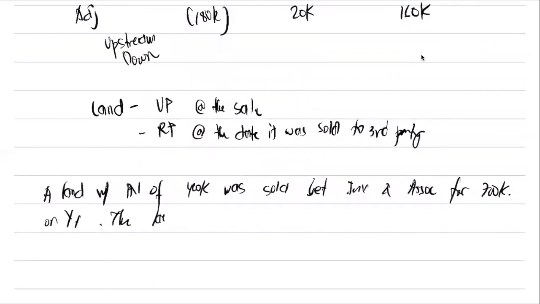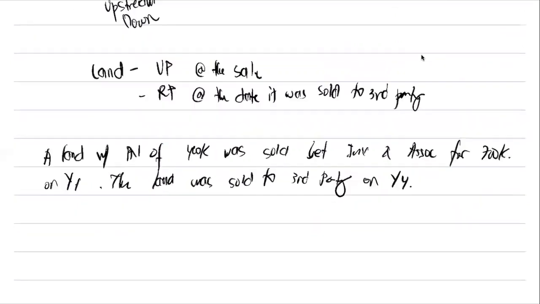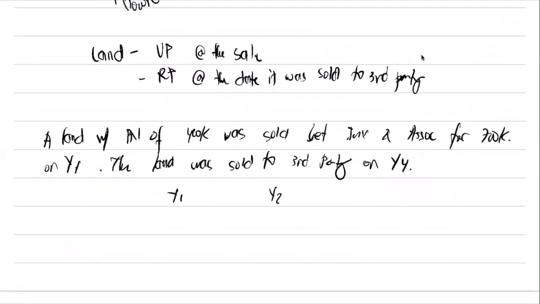The land was sold to third party on year four. Okay, so year one, year two, year three, year four. Unrealized profit and then realized profit. So it is unrealized profit at the time of sale. So what is the time of sale? Year one. So what is the unrealized profit? It is 700,000 versus 400,000.